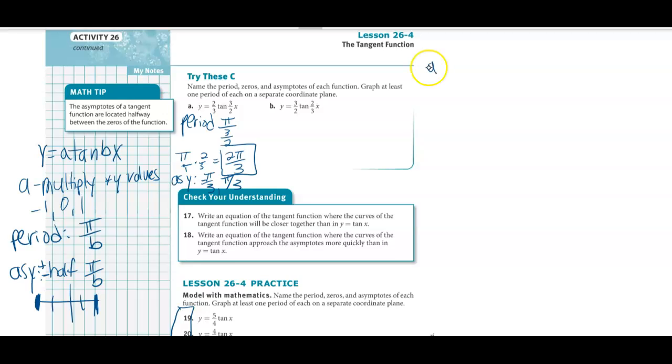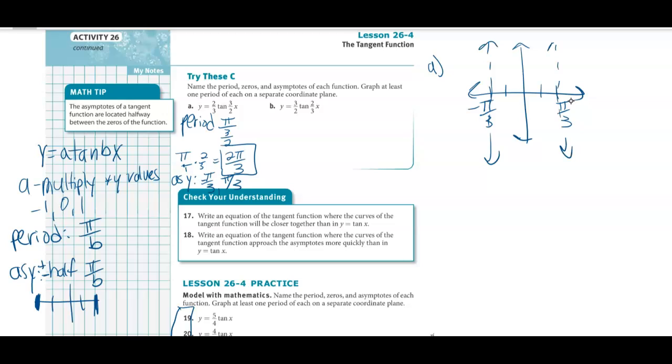So here's my graph for A. I've got an asymptote at -pi over 3, positive pi over 3. Together that is 2 pi over 3, the period.